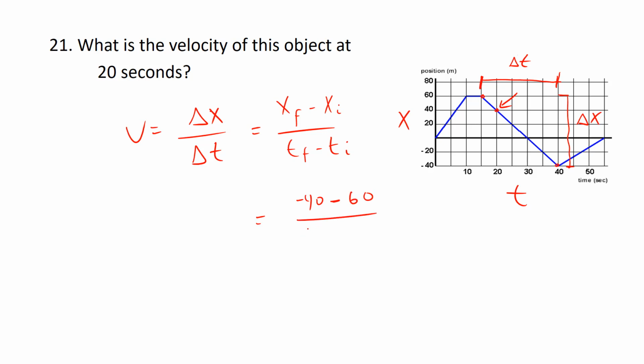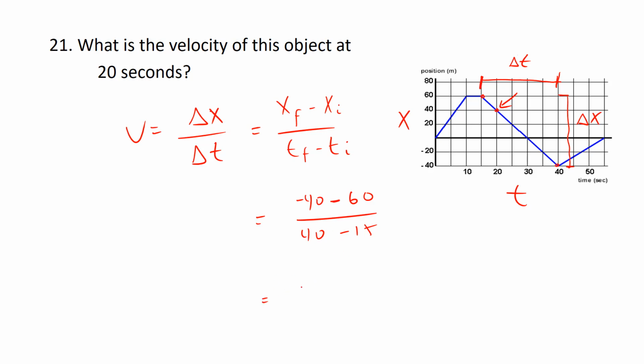My final time was 40. And my initial time, looks like it was 15. Okay, so 40 minus 15, so you could already have done this as 25, but this is what you would do.